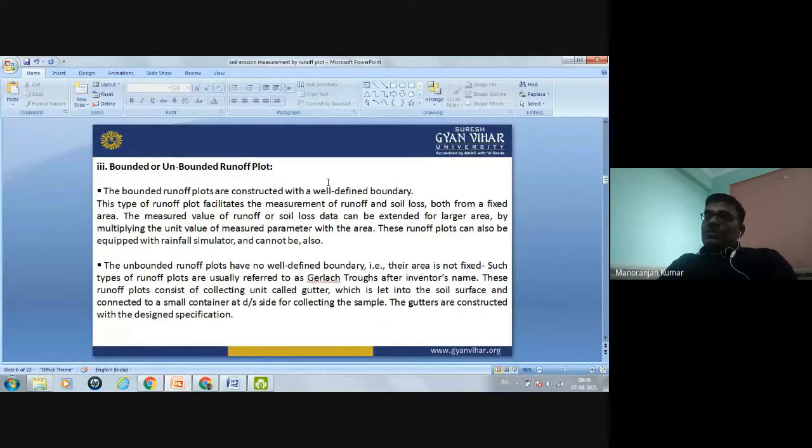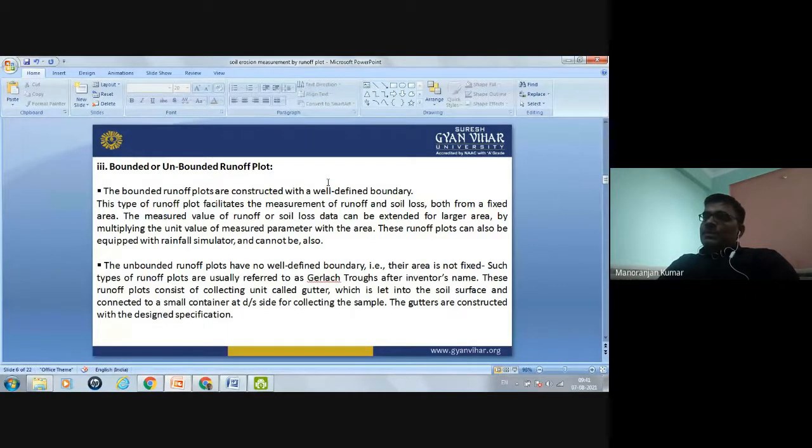The measured value of runoff or soil loss data can be extended for larger area by multiplying the unit value of a measured parameter with the area. So these plots can also be equipped with a rainfall simulator, or some plots cannot be equipped with rainfall simulators. Okay, so both type of facilities are available.